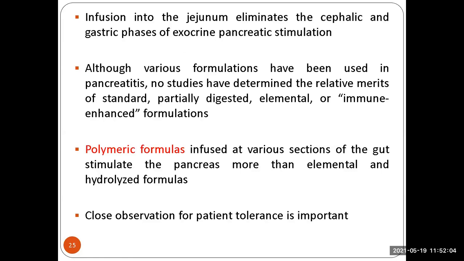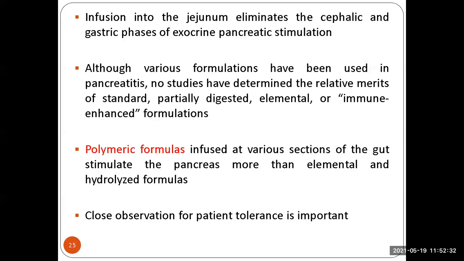So these are basically different types of tube feeding, and you are going to bypass the stomach and directly pour the stuff into the duodenum or jejunum. So subsequently, we can also use a jejunum. So ultimately, the gastric phase of exocrine pancreatic stimulation is removed.